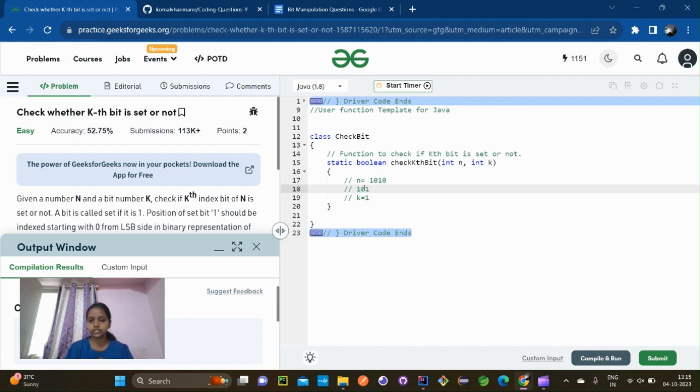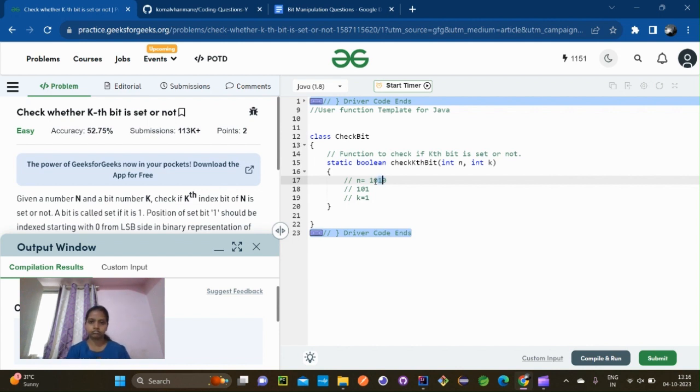We can directly check whether the last bit is set or not, and according to that we have to return true or false. Just using the right shift, here k is equal to 1, so we have to shift by 1. We want this bit, right? And we have to check.